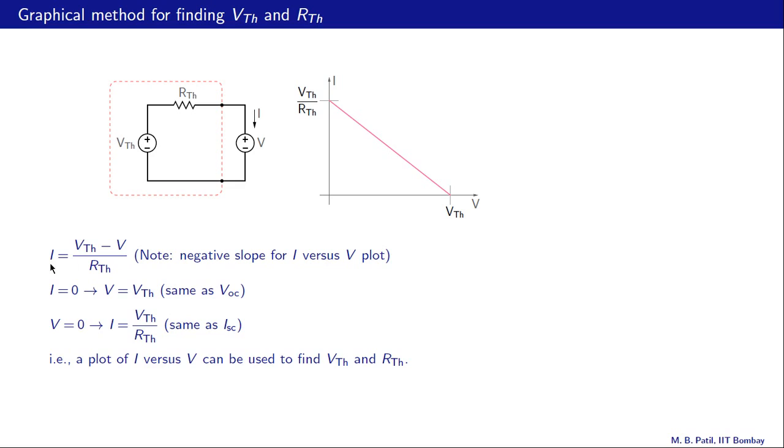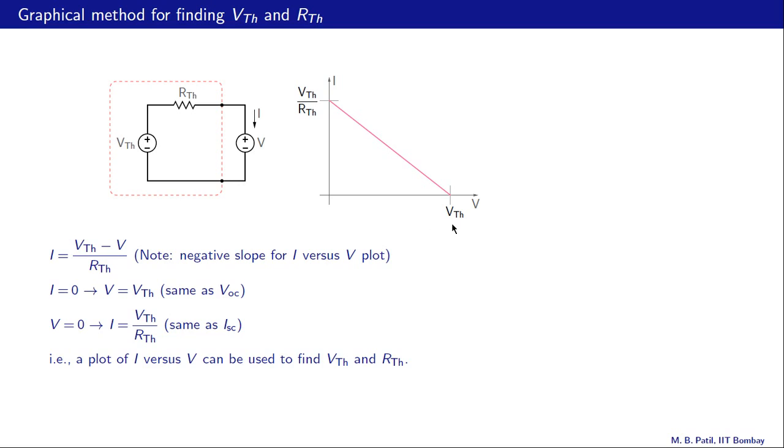That gives us I equal to VTH divided by RTH, this quantity here. And if you recall, that is the same as the short circuit current. That means it is the current that would flow if we connect these two nodes by a wire, just a short circuit.